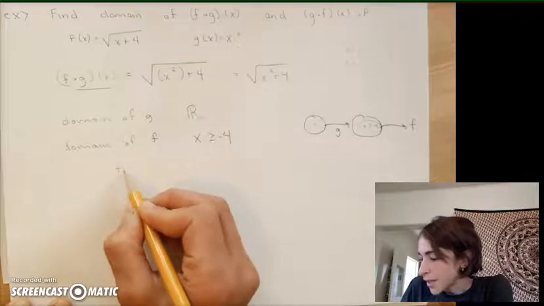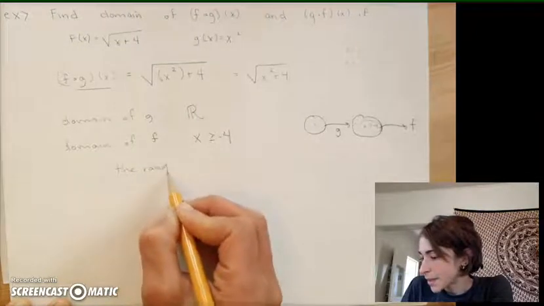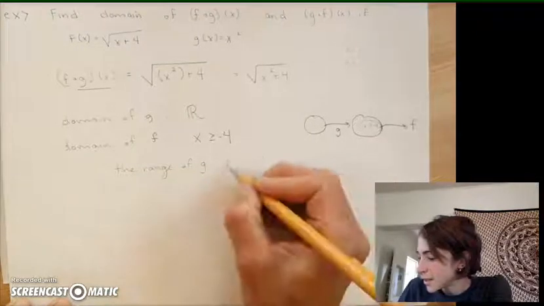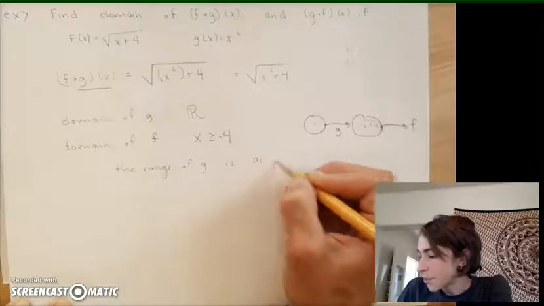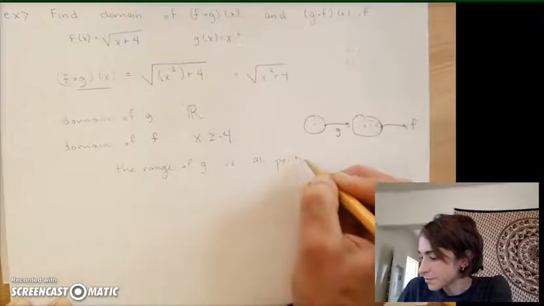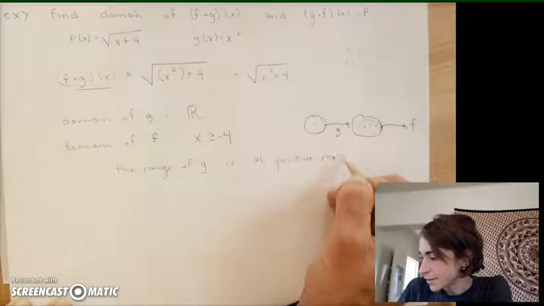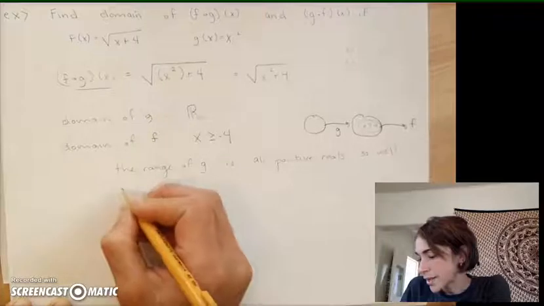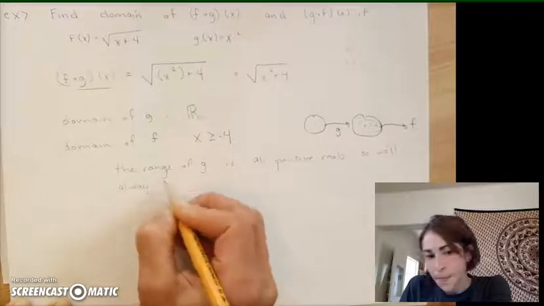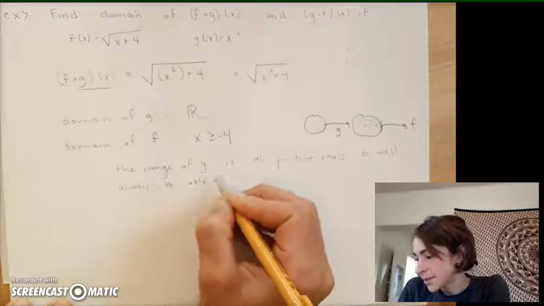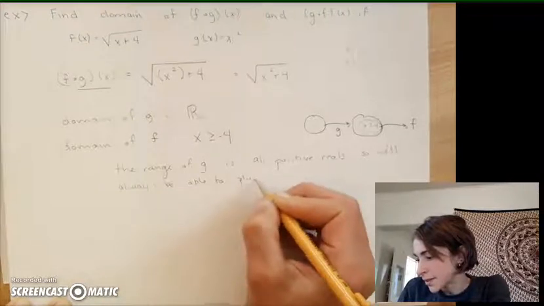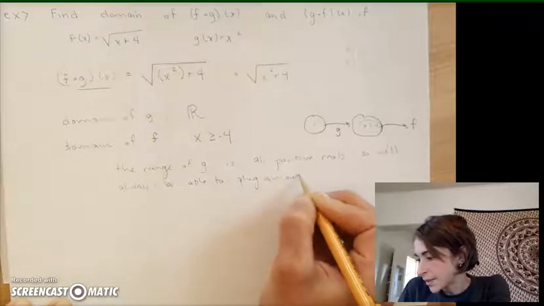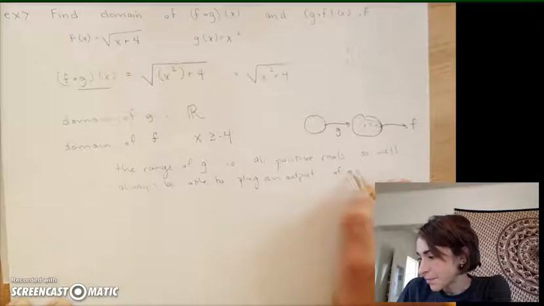So the range of g is all positive reals. So we'll always be able to plug an output of g into f.